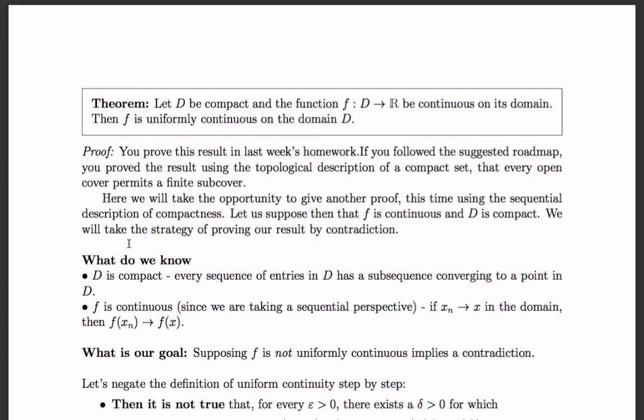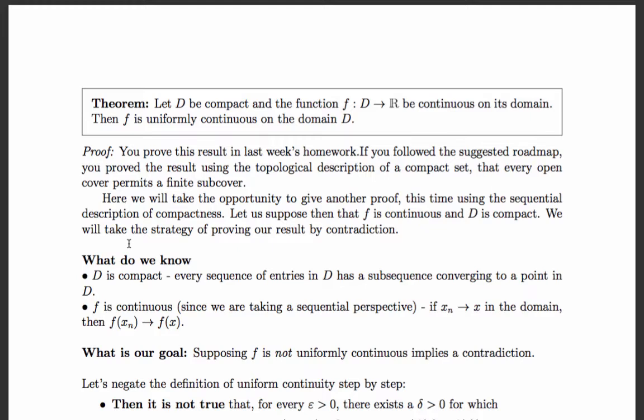So that's what we know. Right? When we say that f is continuous and D is compact, that's what we're assuming in the hypothesis. Now, what is our goal? Well, we're actually going to prove this by contradiction. So our goal is to imply a contradiction, right?